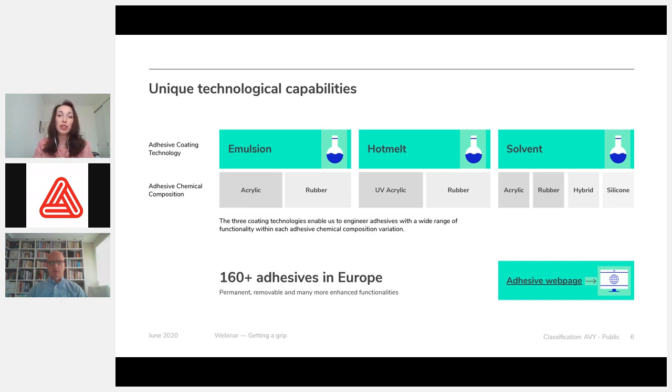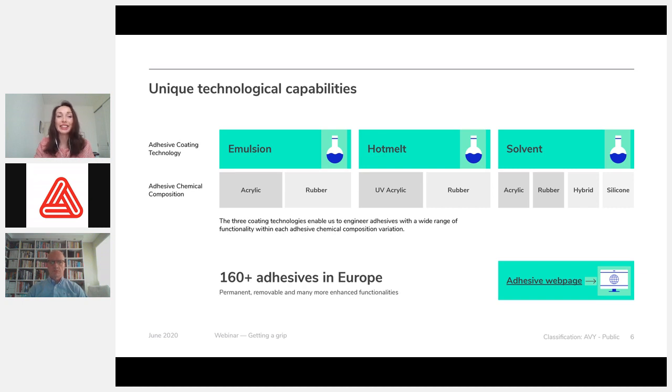And when we do that, we then dive into the chemical composition. We choose an adhesive to be either acrylic or rubber-based. So the chemistry is a second step after the coating technology. What you can see is that within each and every coating technology, we can have acrylic or rubber-based adhesive. But specifically within solvent coating technology, we saw the rise of two more chemistries, hybrid and silicone.